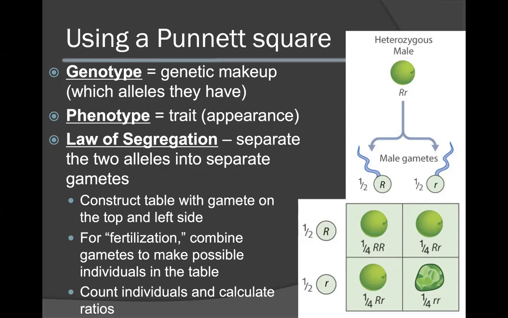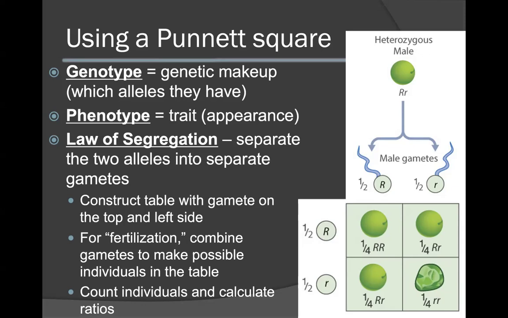In this case, we have a big R, small r genotype for our parents. As a result, for the male, half of the gametes would have a big R, half of them would have a small r. This is what we see at the top of the Punnett square. The heterozygous female would also produce the same gametes.